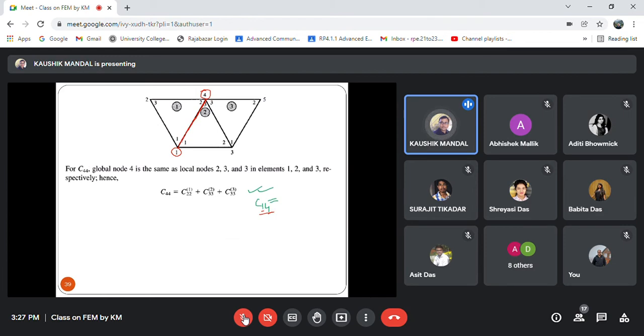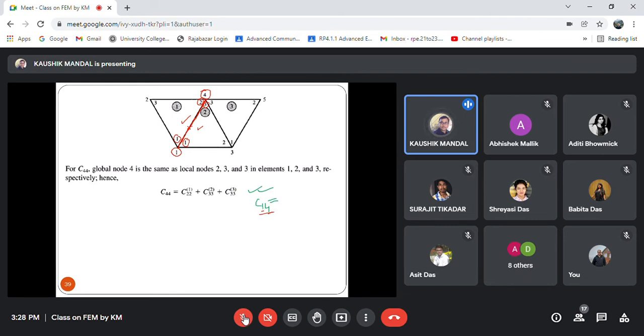Now you have to determine that this particular line is connected with element number 1 and element number 2. In element number 1, it is connected with node 1 and node 2, and for element number 2, it is connected with node 1 and node 3.